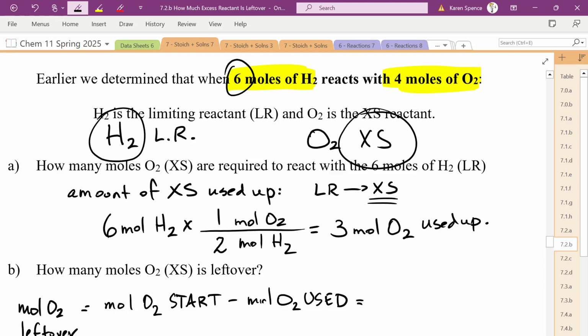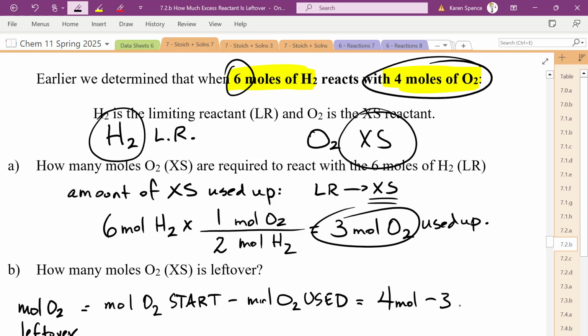So we started with 4 moles. We used up 3 moles. And so we have 1 mole of O2 left over.